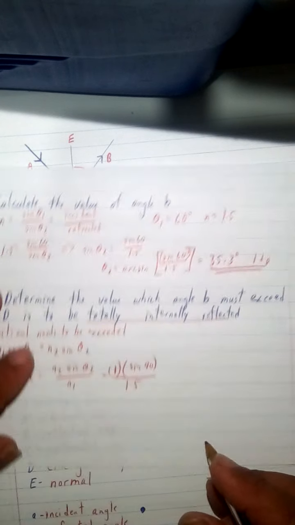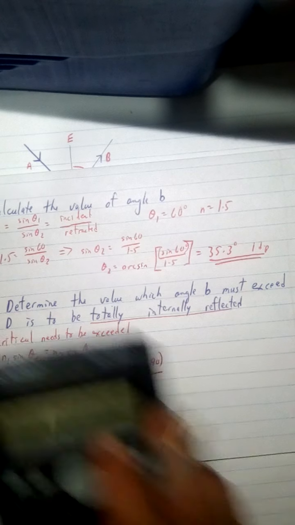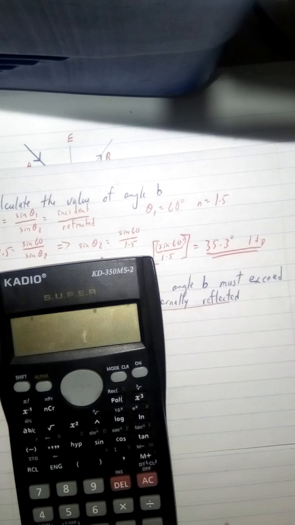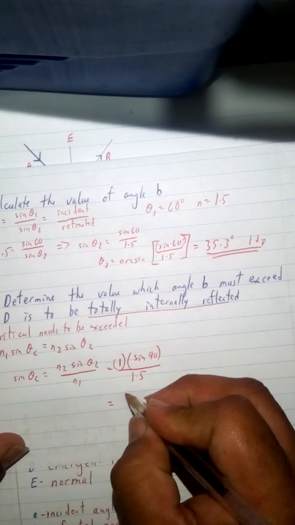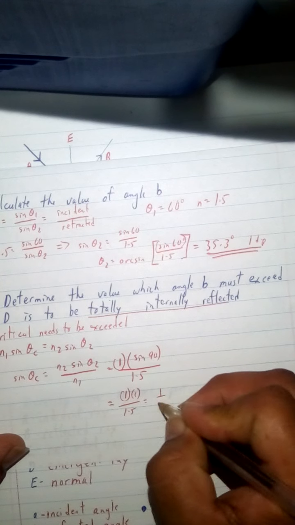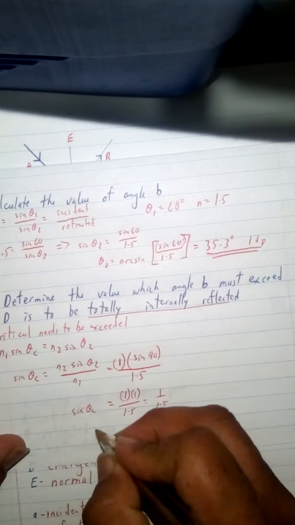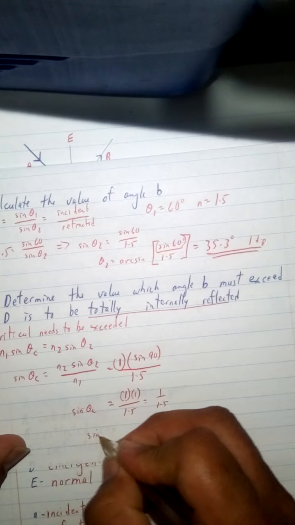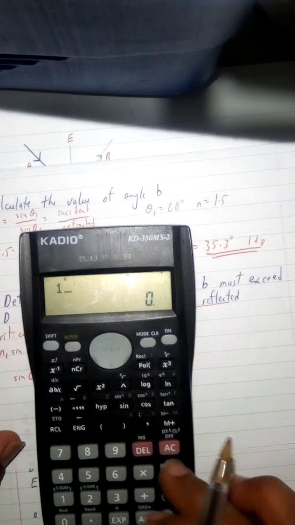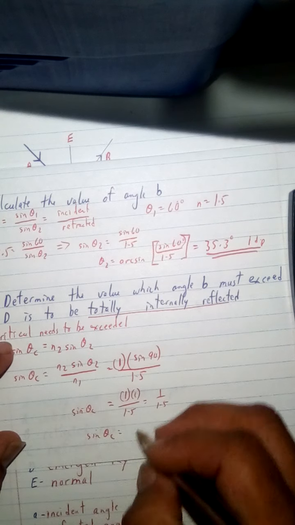Okay, so we have put everything in our calculations. Now the sine of 90, if you notice, is going to give us 1. So we have now 1 times 1 over 1.5, so the sine of the critical angle is equal to 1 divided by 1.5, that gives us 0.666 recurring.